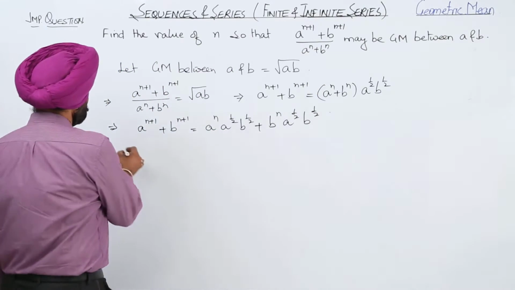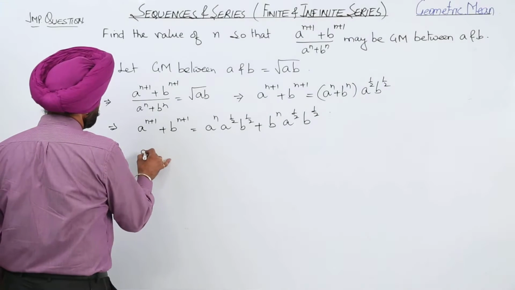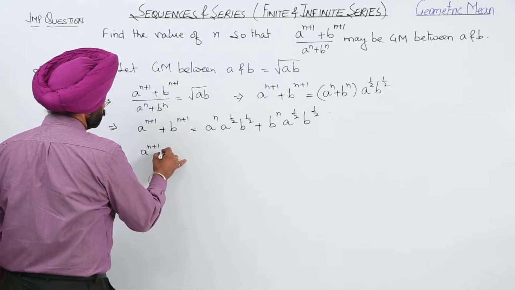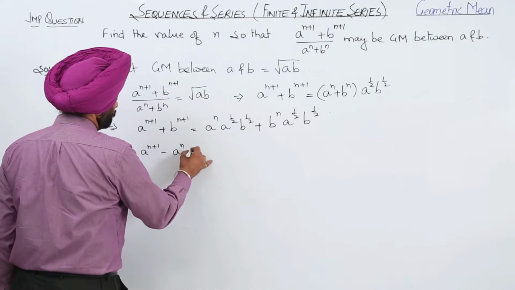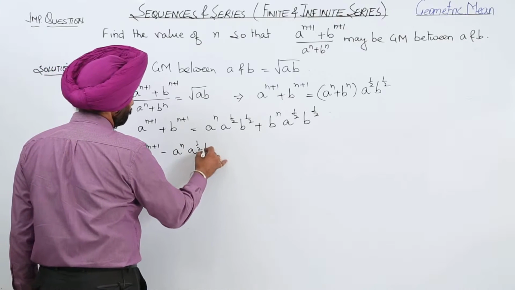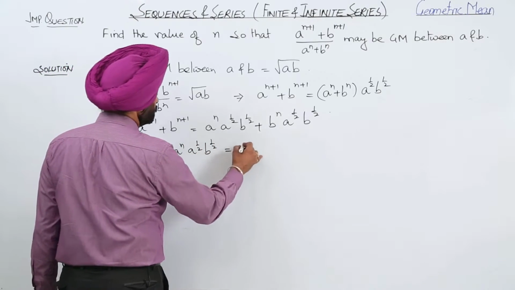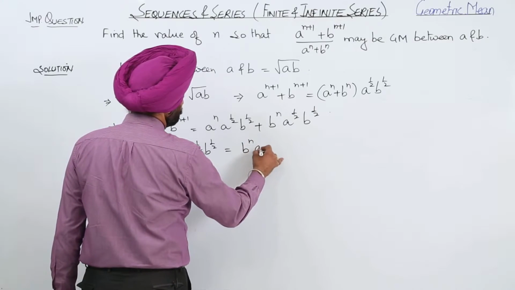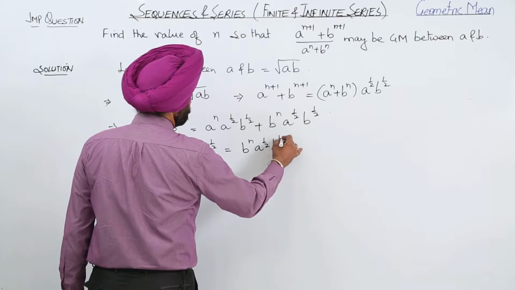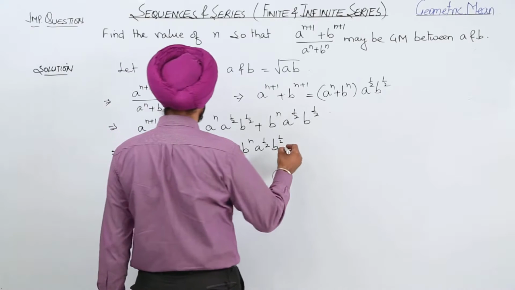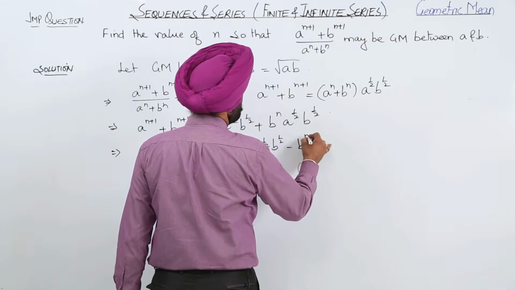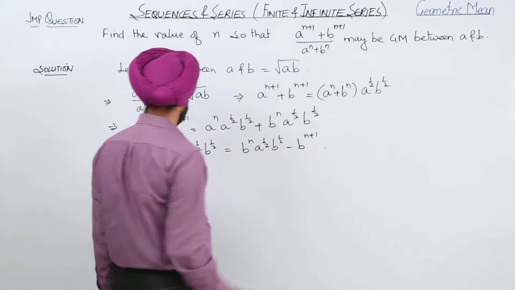Okay. So now to this what we can write? a^(n+1) minus a^n a^(1/2) b^(1/2) is equal to b^n a^(1/2) b^(1/2) minus b^(n+1).